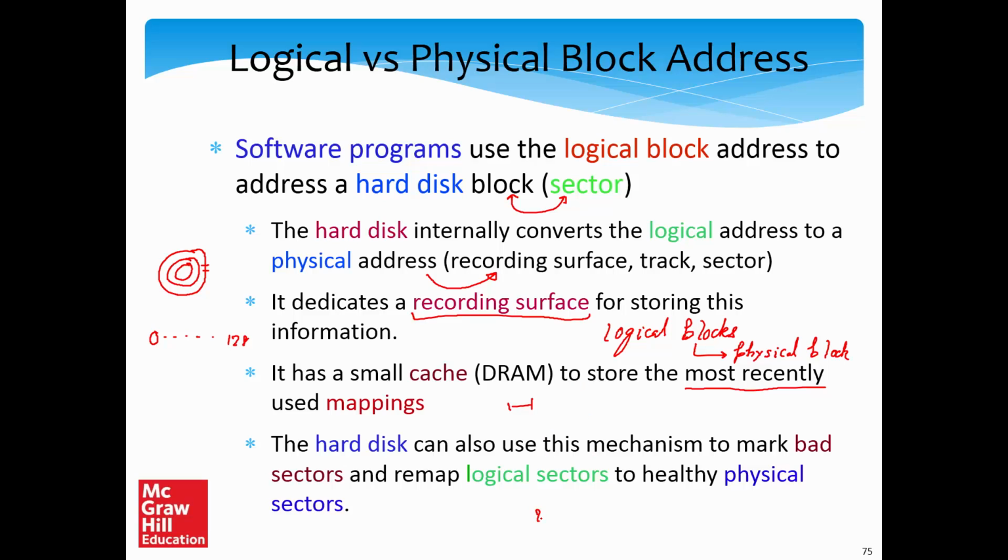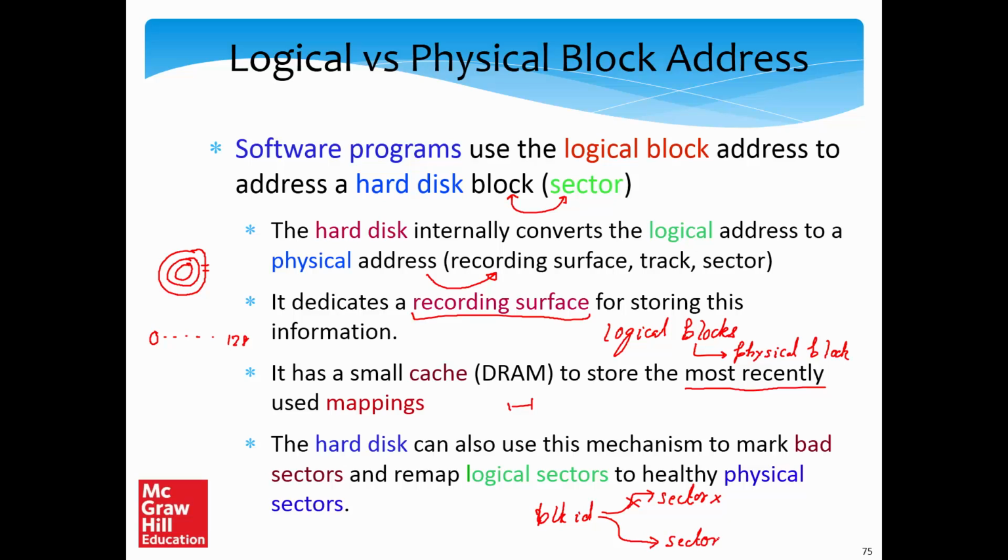So let's assume that there was a logical block ID and it was mapped to a certain sector, right? Later on, we find that this sector has failed, in the sense that the magnets in the sector don't work anymore. So we can remove this mapping. We can instead map it to one more physical sector, which is fine.